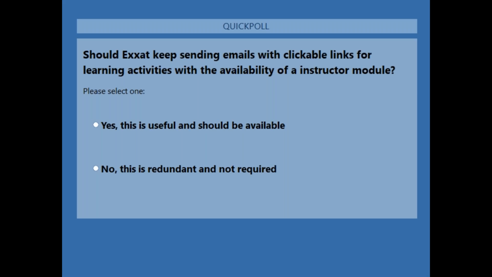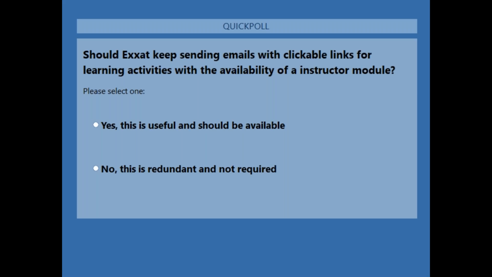Yeah, so basically, like I was saying, as of today, preceptors and instructors receive emails which have these clickable delegate links through which they access the system that we have right now in Prism, right? So the poll here says Exxat is still thinking to keep that functionality going. We are not deprecating this functionality.